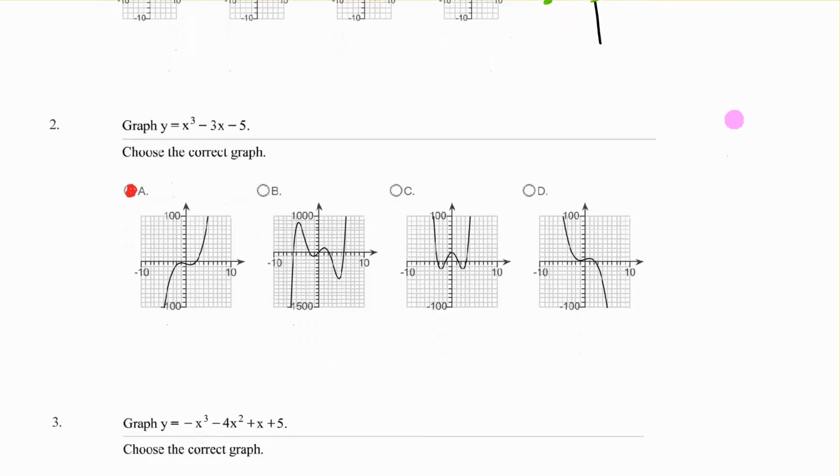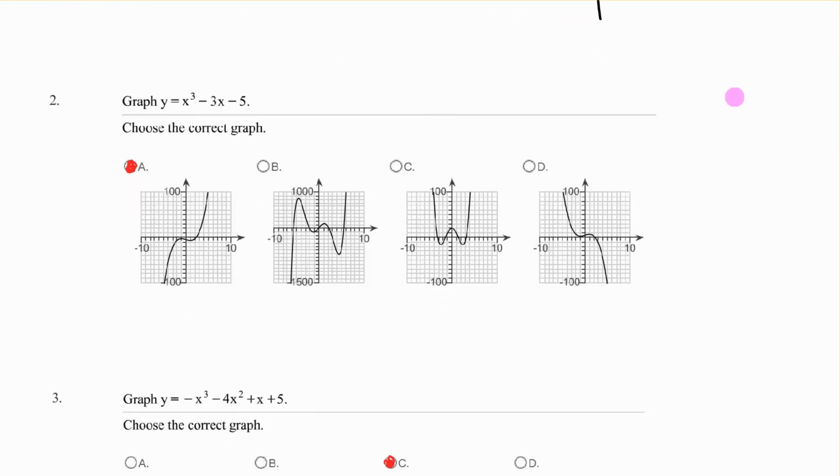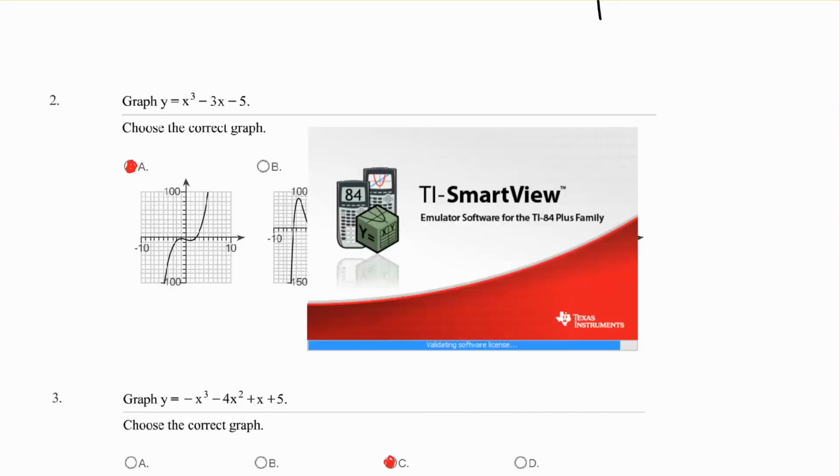All right. Now with graphing x cubed minus 3x minus 5, we can use our calculator and we can simply put that in and see if we can get a graph. We'll do one of those together. Get my calculator up here.